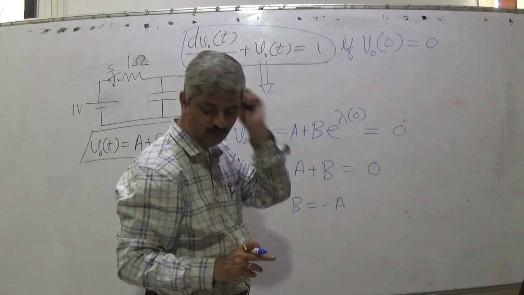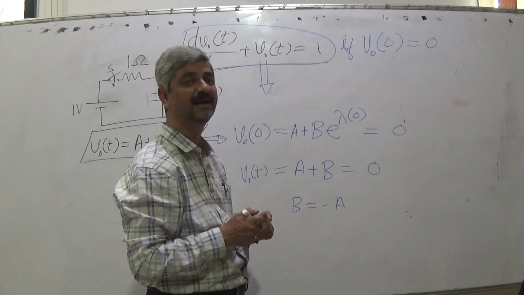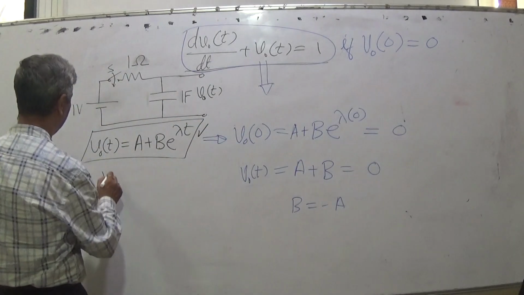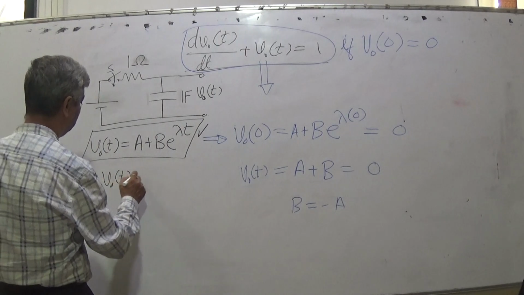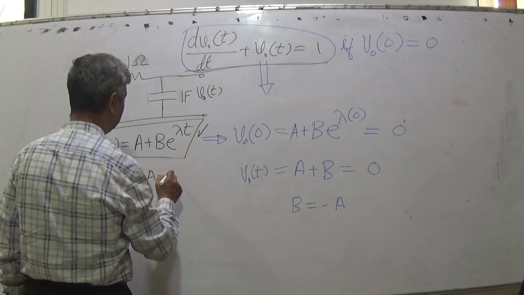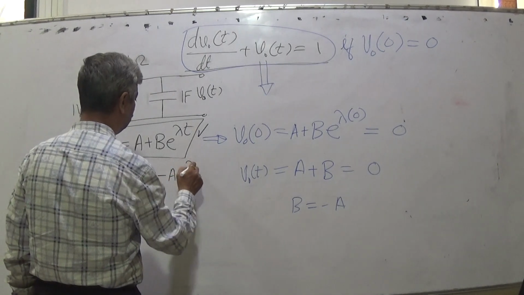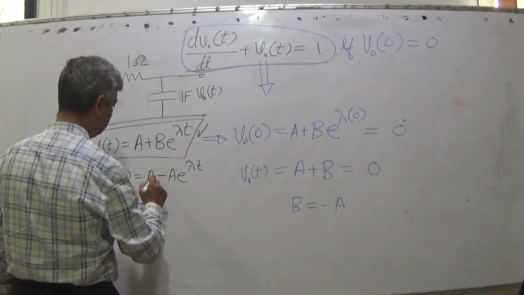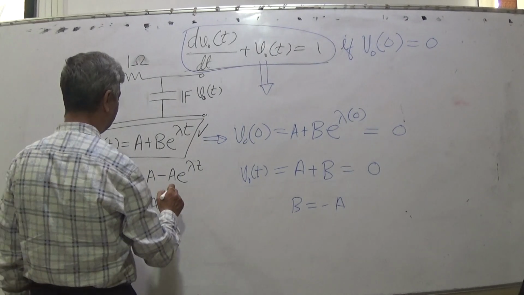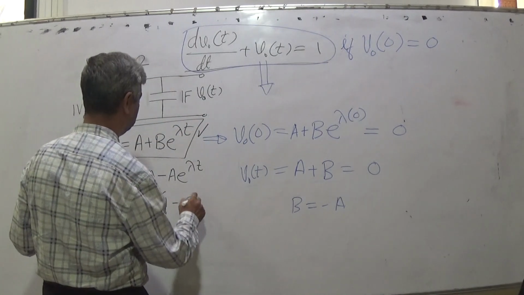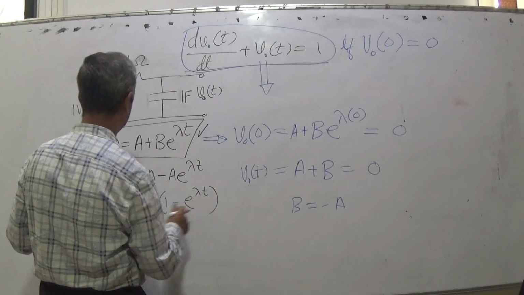So B is no longer an independent variable, it is minus A. So V_O(t) will be A plus B, which is minus A e raised to lambda t, that I can say A into bracket 1 minus e raised to lambda t.